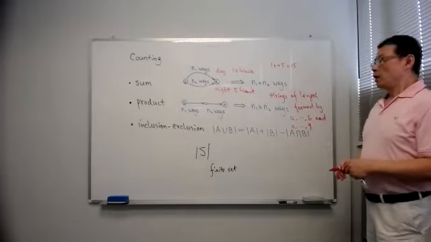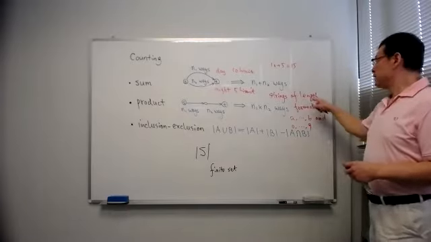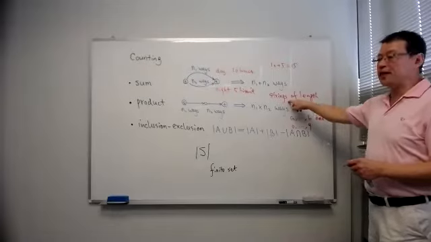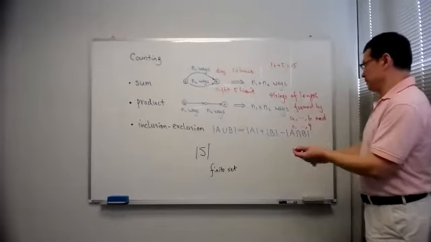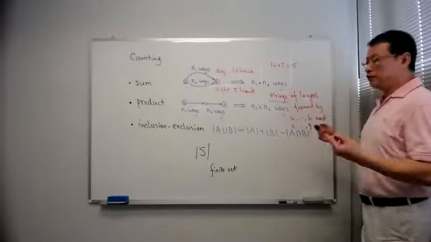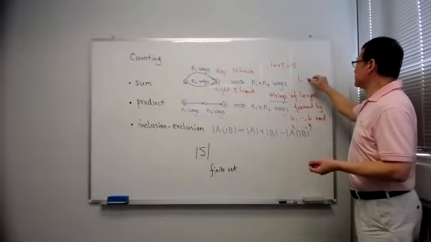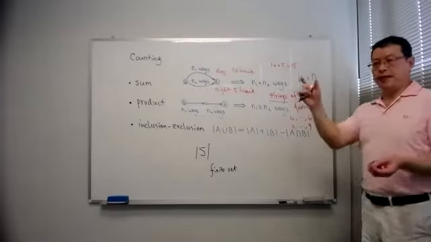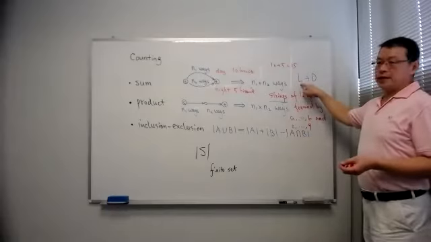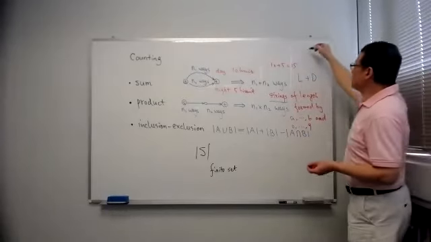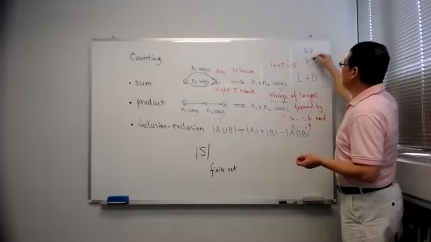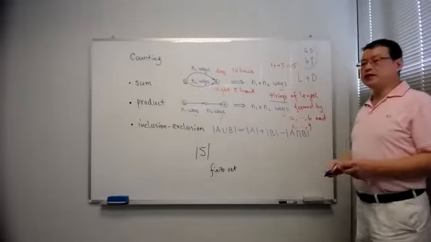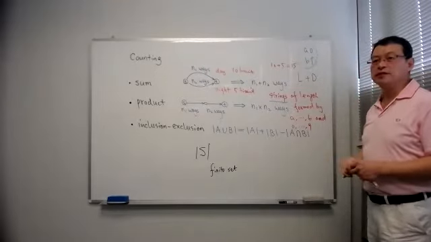Suppose we want to start the string with a letter first. So the string has the form letter plus digit. It's length 2. The first one is a letter, the second one is a digit. For example, A0, or B9. So how many different such strings can be formed?